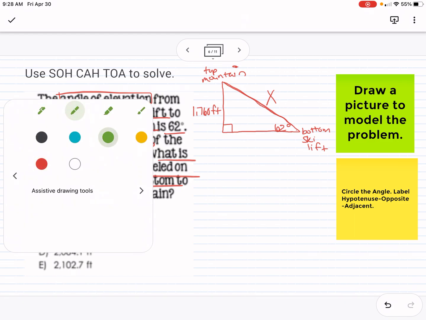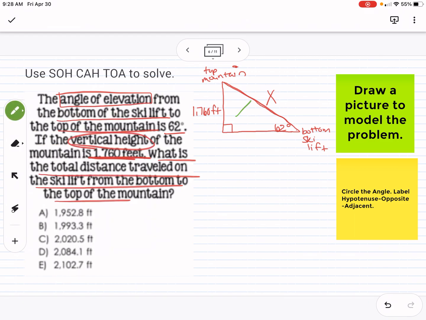Now I'm going to label my triangle. So my hypotenuse is across from the right angle, this is my angle, so this would be opposite and adjacent. We don't need to use the A. So I'm left with O and H, which comes out in SOH. So I would say sine angle 62 equals O, or 1760, over H, which is x. Here x is on the bottom. So since it's on the bottom, we're going to divide.